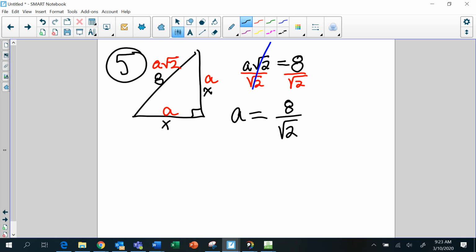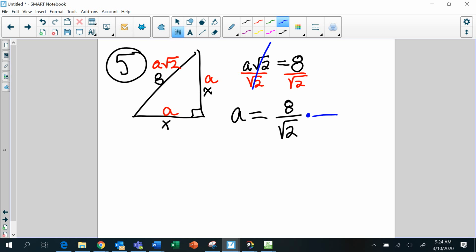You guys remember doing this at all last year? Whether you remember it or not, we're going to fix it. In order to not have a square root of 2 in the denominator, you have to multiply this fraction by the same number on top and bottom, so it's still equal to this fraction.